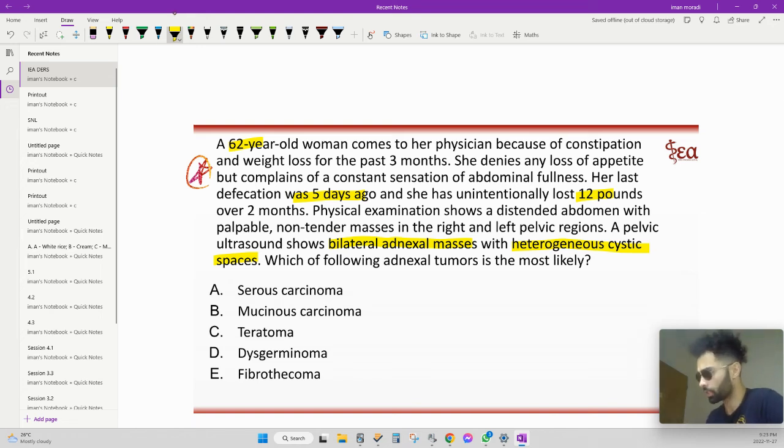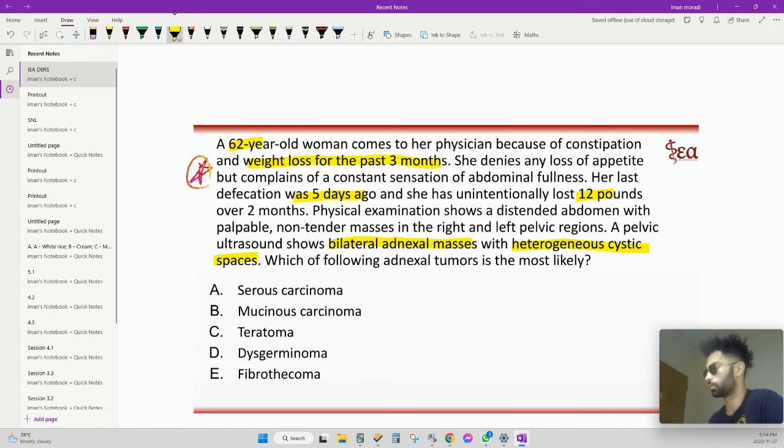So, a 62-year-old woman comes in with weight loss and constipation over the past 3 months, no appetite changes. She always feels full. Again, weight loss, distended abdomen. There's a palpable non-tender mass in the right and left pelvic regions.